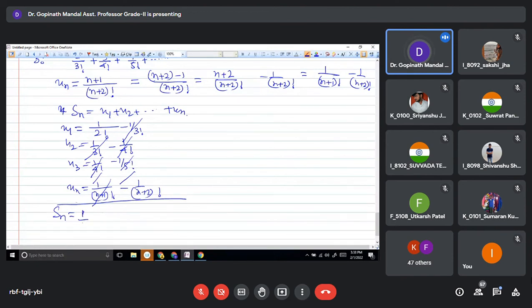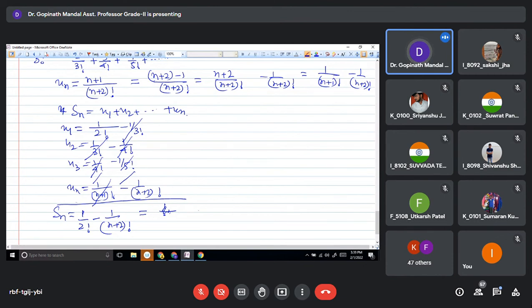Then we get 1 by factorial 2 minus 1 by n plus 2 factorial.